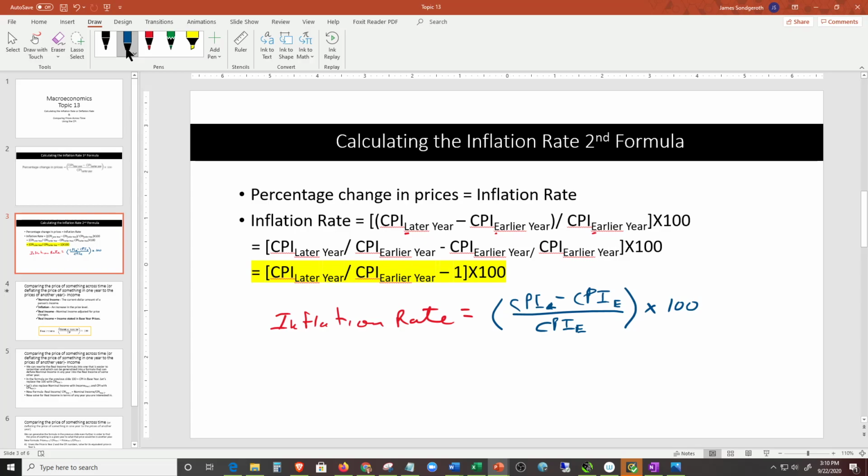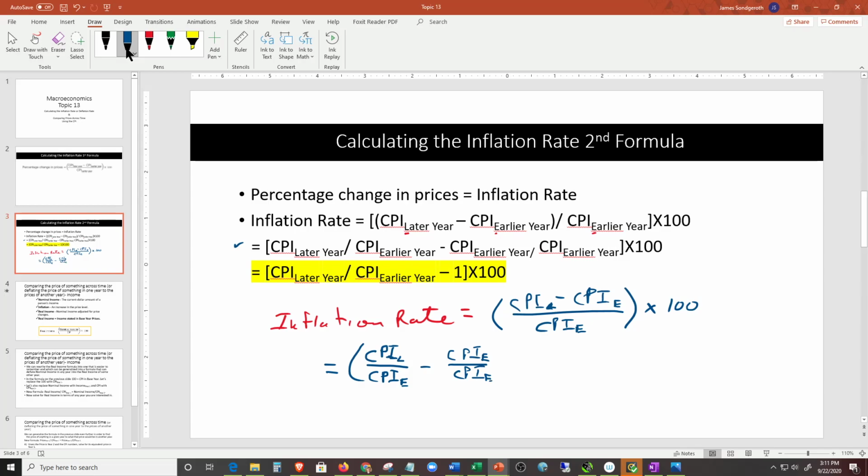But then up here, I have manipulated this a little bit so I can change this up to, in the parentheses, CPI in the later year divided by the, and that should be an I, not an L. I was getting ahead of myself. The CPI in the earlier year minus the CPI in the earlier year divided by the CPI in the earlier year.